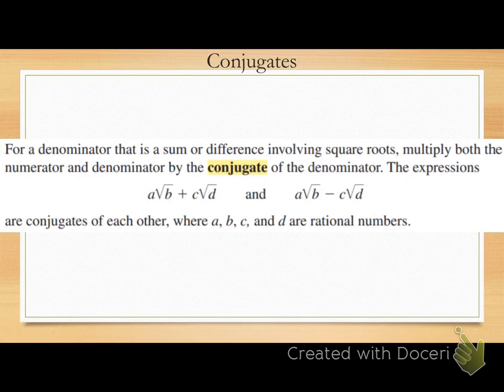So just know that you have to flip that sign for it to be a conjugate. If it starts off as 1 plus square root of 5, what's the conjugate of that? 1 minus square root of 5, because I flipped the sign. If it starts off as 1 minus square root of 5, the conjugate of that would be 1 plus square root of 5. Okay?